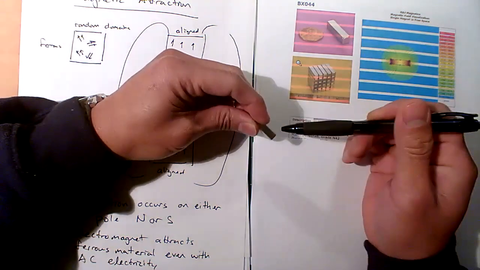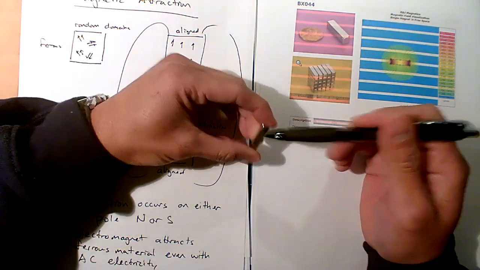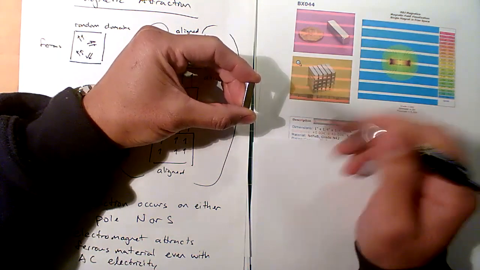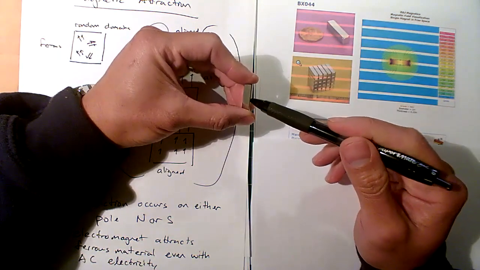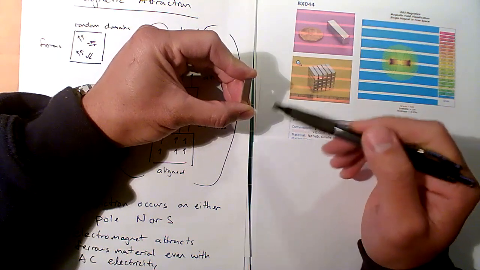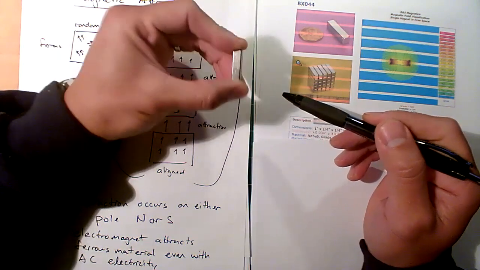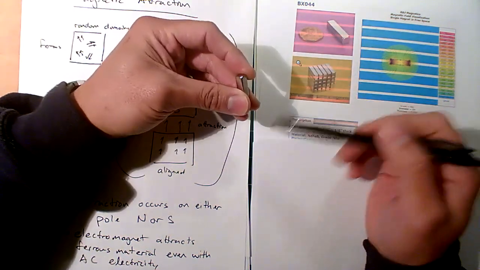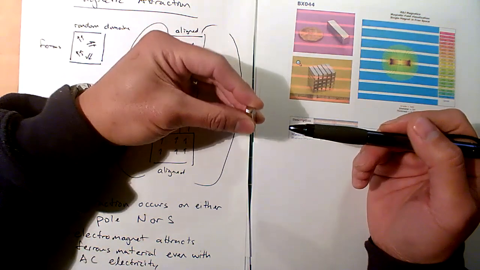So if you have your armature coils, and your permanent magnets, let's say, are in the stator, and you have your armature coil spinning next to it, well, if you get your armature coils too far away, you're not immersing it in any magnetic field, and vice versa. Let's say you have a brushless DC motor where the magnets are spinning and the coils are stationary. It's the same thing.